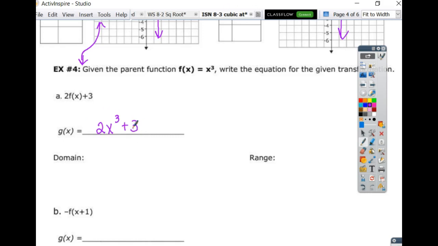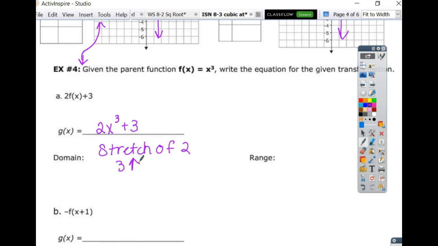Means I get a stretch of 2 and 3 up. And does the domain and range change ever? Nope. No matter what I did to it, negative infinity to infinity.